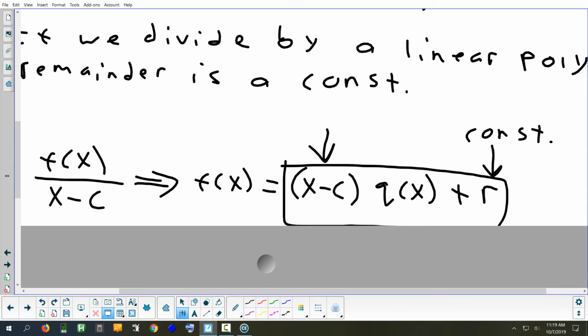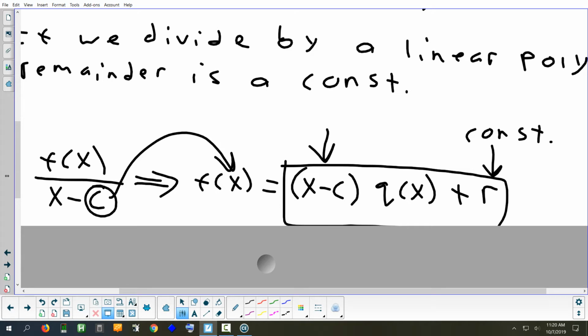Now, does anybody see what I could plug in for x, and you would end up with just an r by itself on the right-hand side? Yeah, and that's a little trick. If you plug in c, you take this number and you plug it into f of x. f of x is the formula that's in the top.